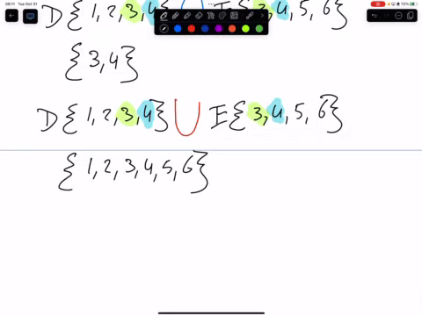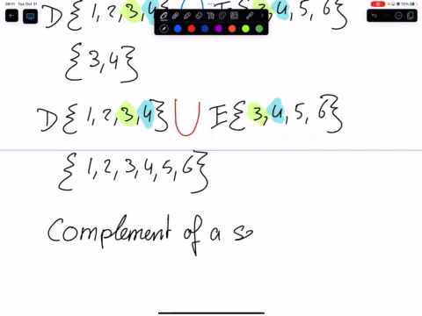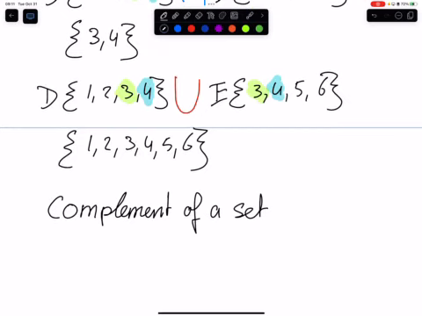And now we proceed to something that is called the complement of a set. The complement of a set is notated with an apostrophe.